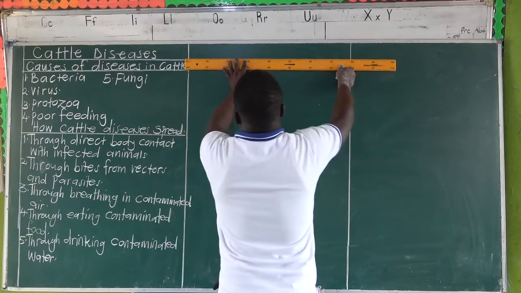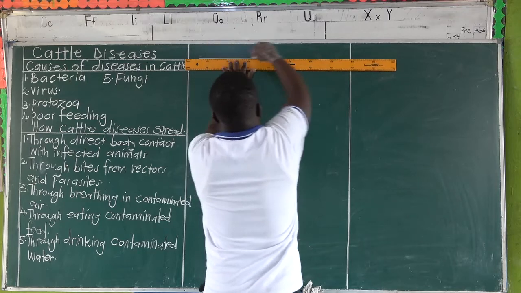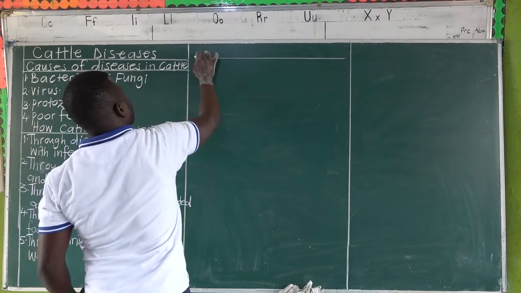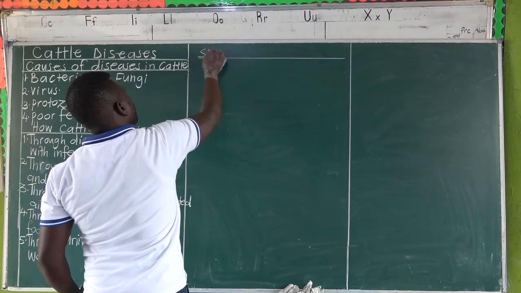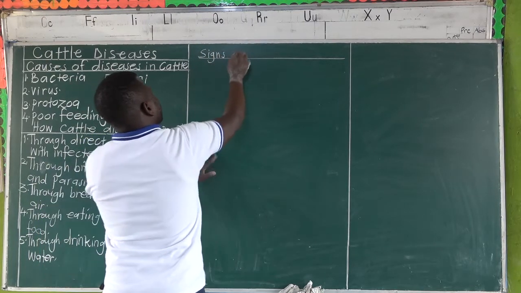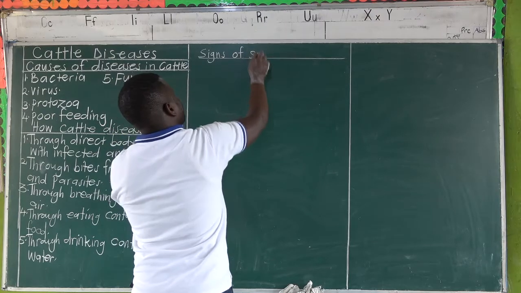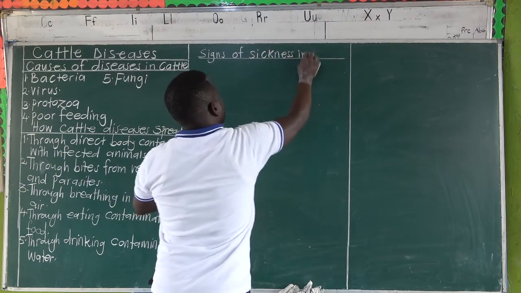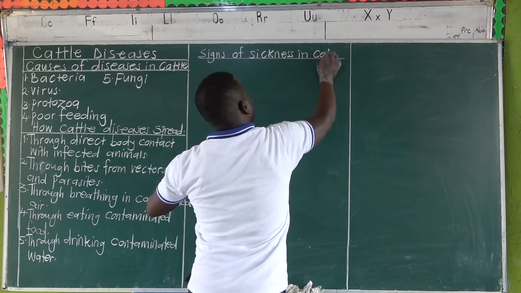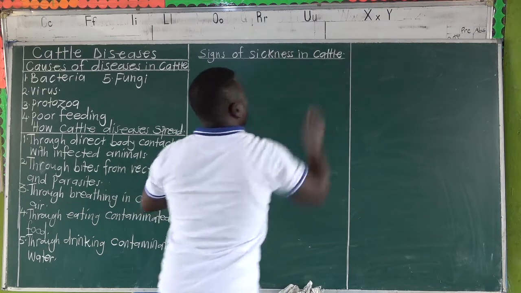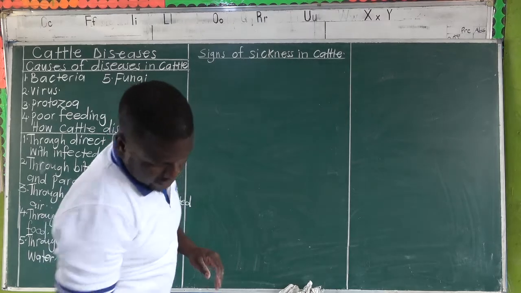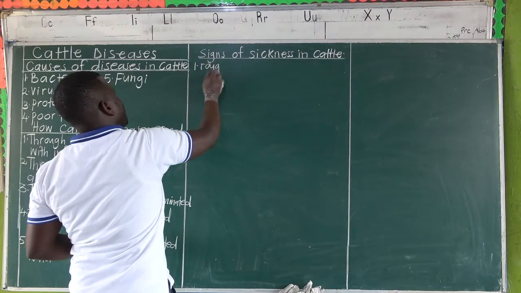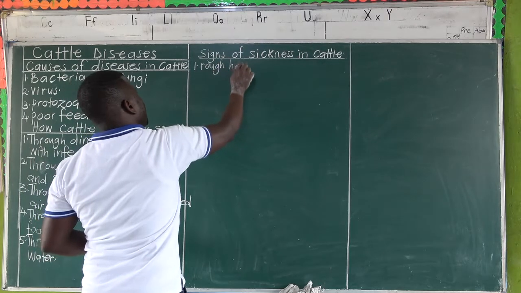Then we look at signs of sickness in animals. How do you tell these animals have diseases? Signs of sickness in cattle. One is rough hair.